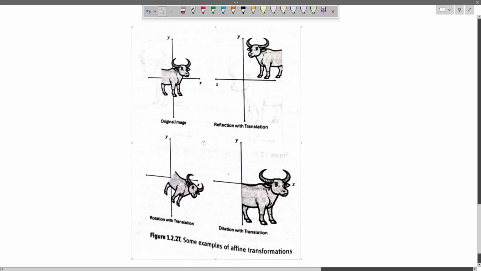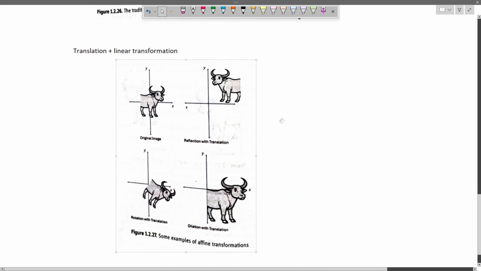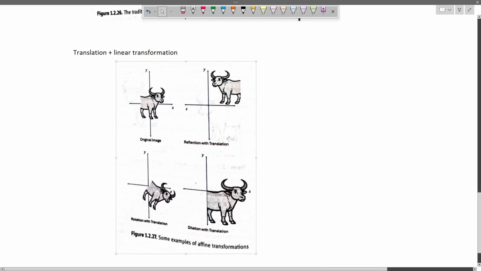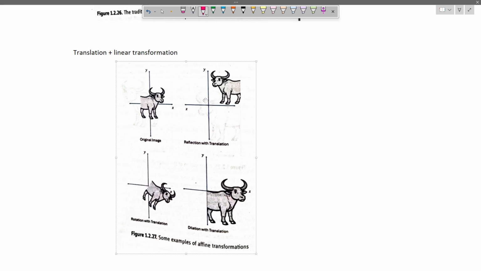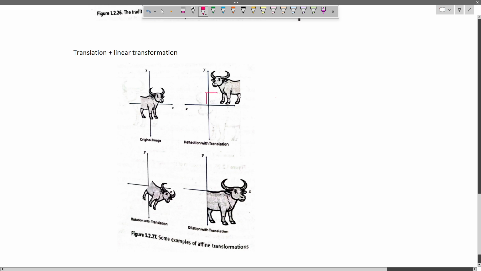Now, let's have linear transformation plus translation. This is what it's going to look like. For example, we have this original image. We can translate it up and to the right. After that, we can reflect it.